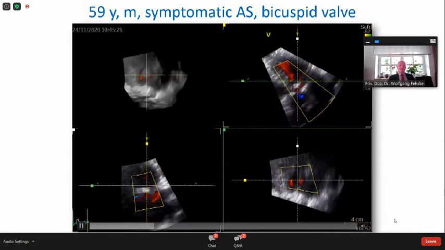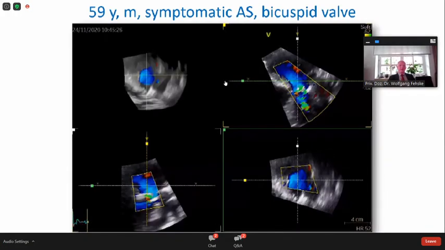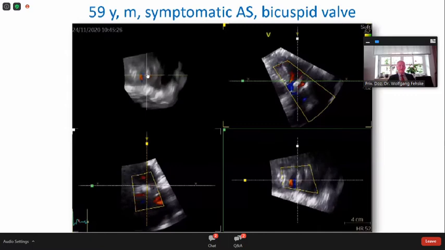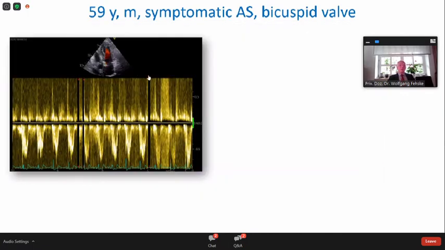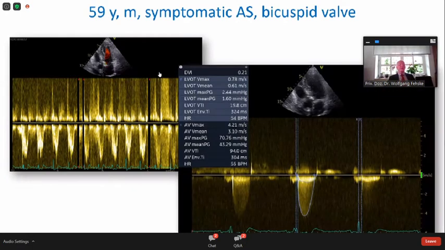But we accept this compromise, and we take the velocity, and now the question is, where do we take the velocity? Here you can see that we are approaching the valve step by step, and everybody says you should be just below the valve itself, but this is critical with pulsed Doppler.